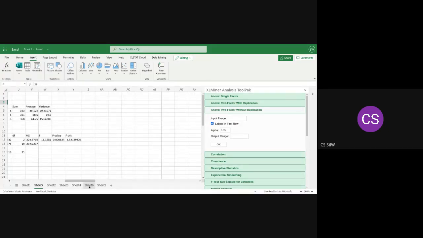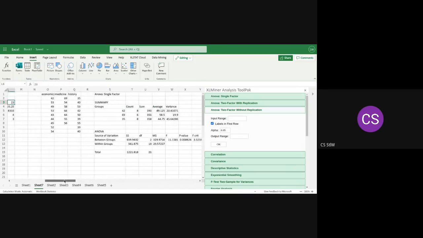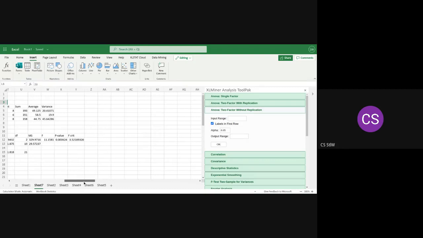Can you drop down the input section? What do you mean if I can drop down the input section? I don't understand that. At the add-in, there's an input section.